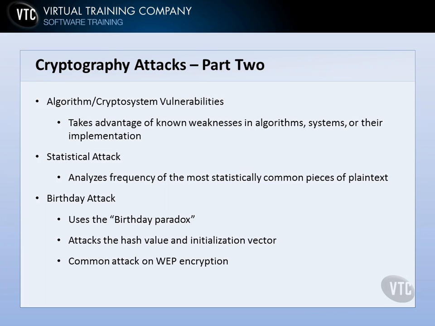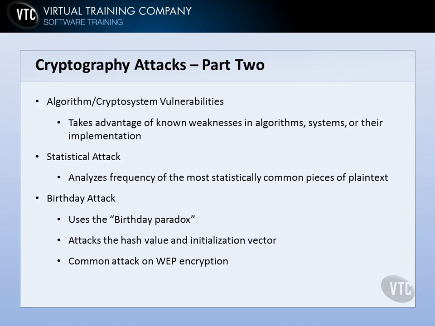So you might look for all the letters that you think are E's. Also, you might look for T's and A's and O's and other of the most common letters. Statistically, those letters would have a higher frequency than others, so you would be able to pick those letters out and through context solve the other letters. So that's basically what a statistical attack is.